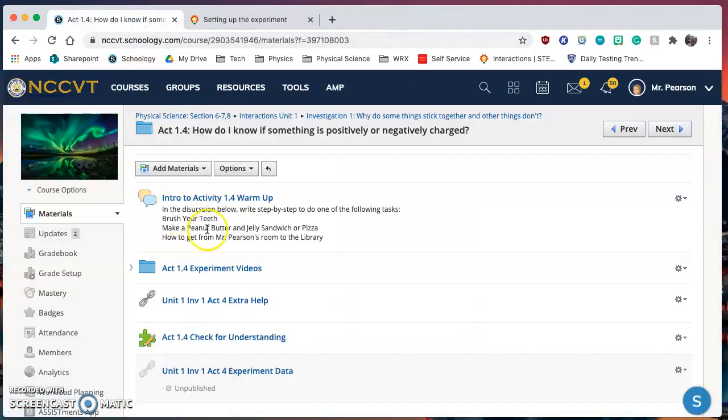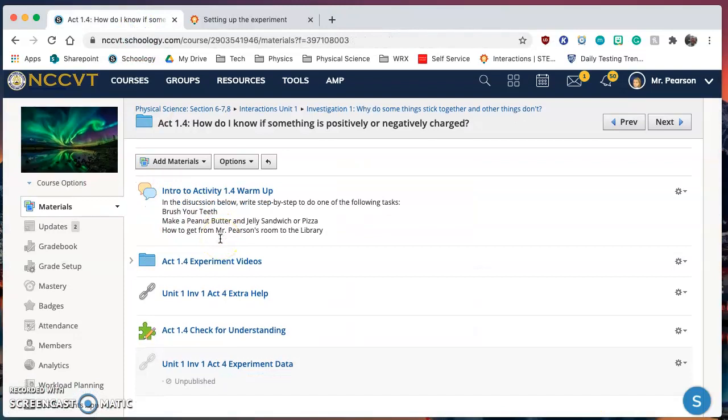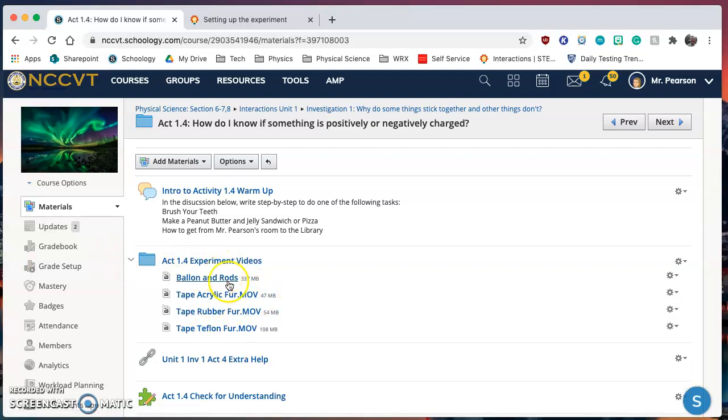I'm not going to go through each one. I have a folder here. There's 4 different videos. At first, we're taking a look at how the balloon is going to interact with a different variety of rods. This one's a little bit longer.